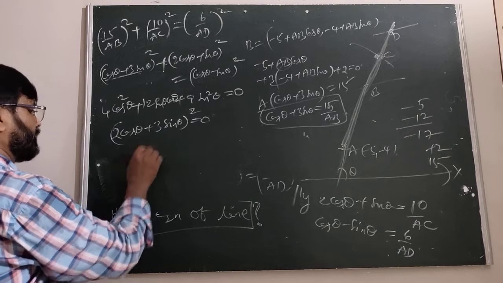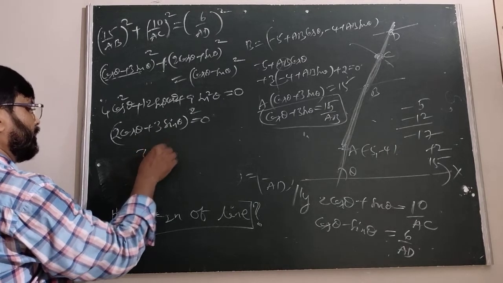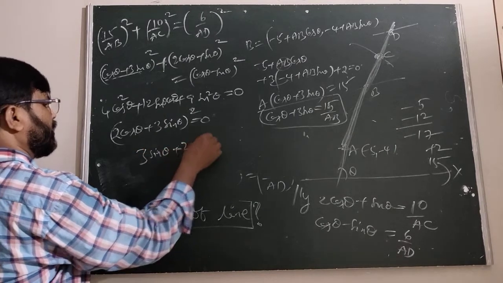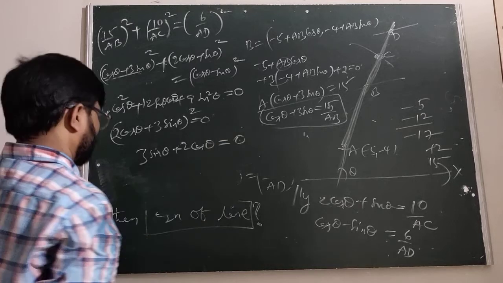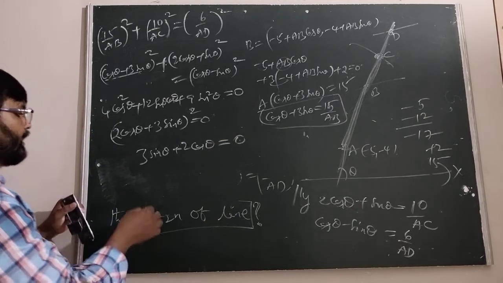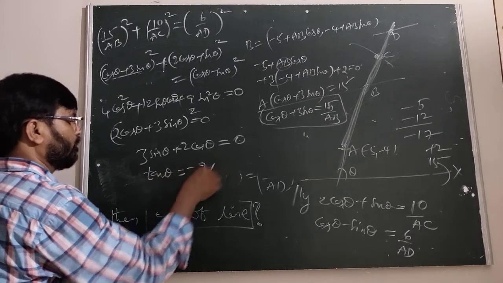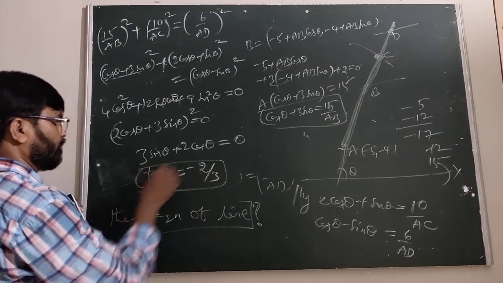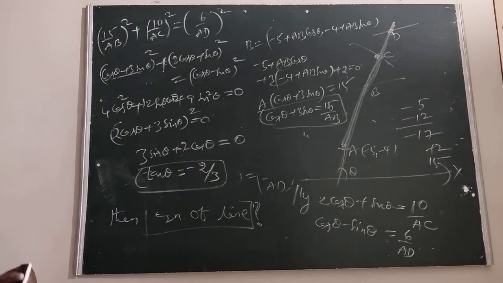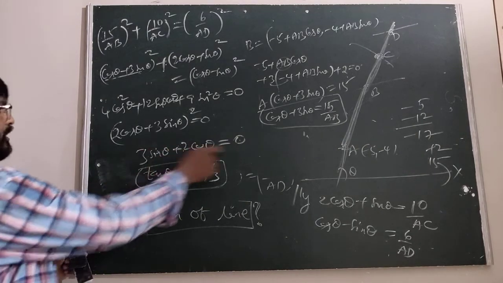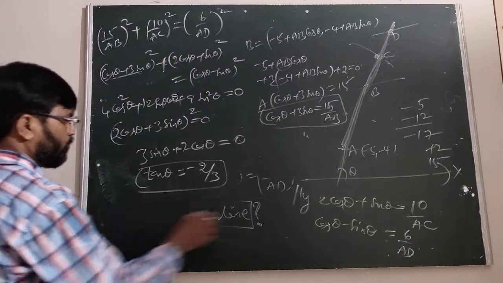Then it will be 3 sin theta plus 2 cos theta equal to 0. After that we can write tan theta equals minus 2 by 3. The plus 2 cos theta sent to the other side becomes minus 2 cos theta. Therefore, the 3 sent to the other side gives minus of 2 by 3.